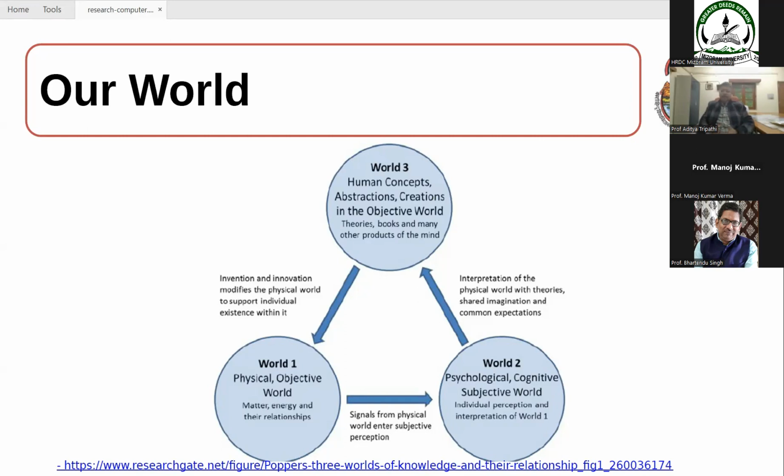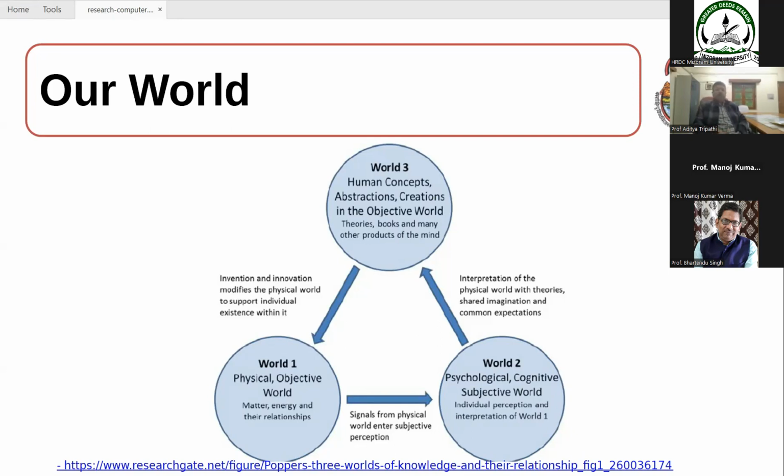It differs from person to person. But of course, whatever it is, it enhances our cognitive level. It enhances our knowledge domain about the subject or about the person which we are considering. This is World Number Two. This is intangible. Mostly it is tacit.